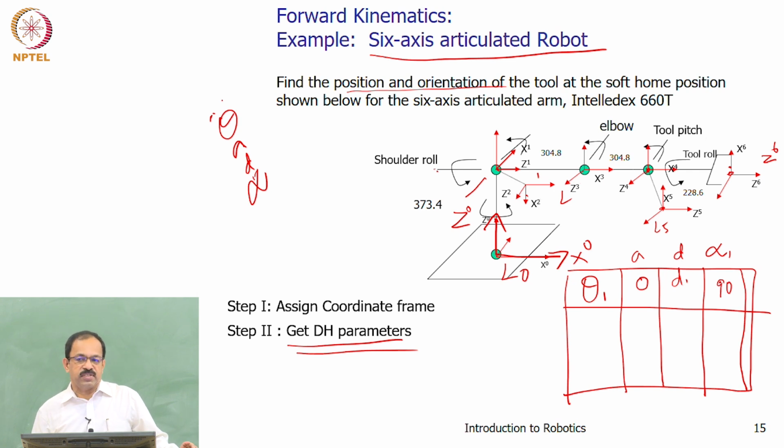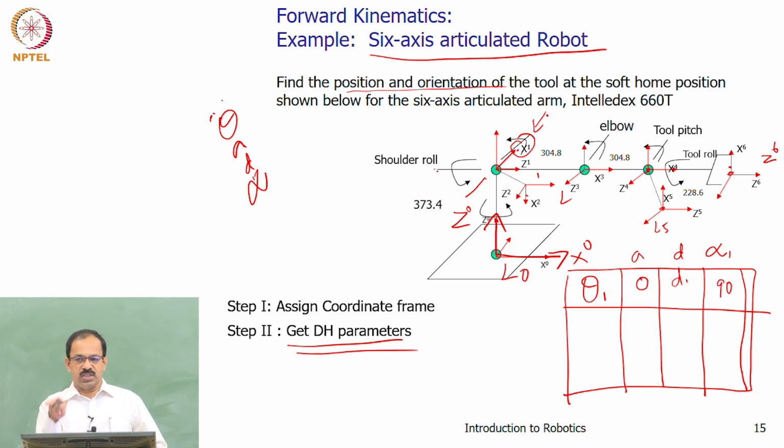So alpha 1 is basically measured from Z0 to Z1, measured with respect to which axis? X0 or X1? X1. So which is X1 here? This is the X1 axis. So you have to look from this axis, and then see how much it has rotated.